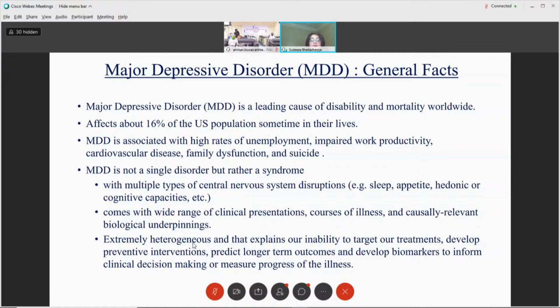It's a very heterogeneous disease, and that explains why we are not able to target our treatments. There are no treatments that can treat all the patients. It has a high resistance rate to treatment. Many people do not respond to treatment at all. And at this point in time, we are unable to develop preventive interventions, predict longer-term outcomes, and so on.